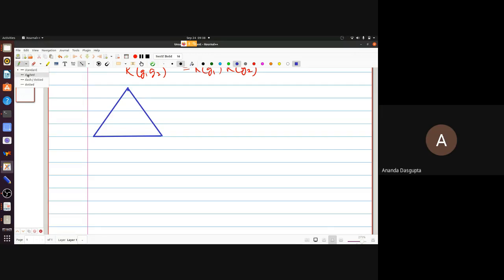Okay, so what are the symmetries here? The symmetries, of course, are doing nothing, then reflecting about this median. Okay, let me just get rid of all these irritating looking lines.